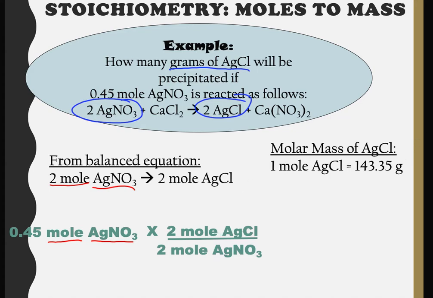What's the next thing? Because I want grams. Well, this is moles of silver chloride. So what am I going to use? Moles of silver chloride. So now I'm going to use my molar mass.